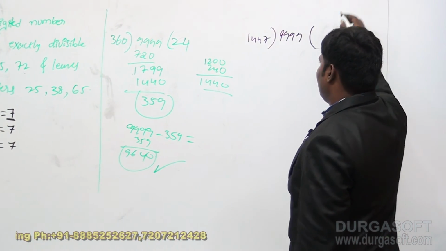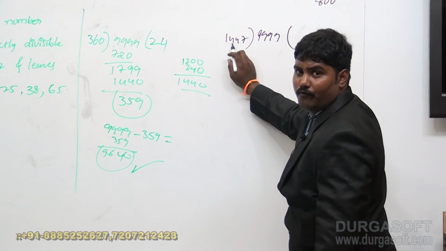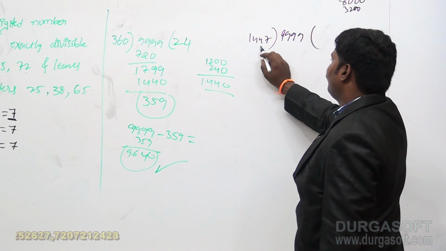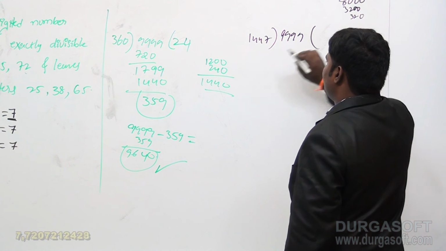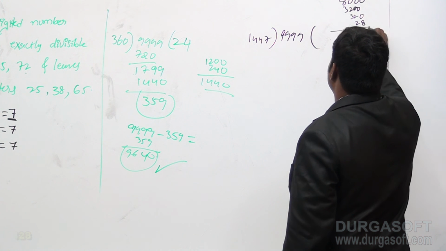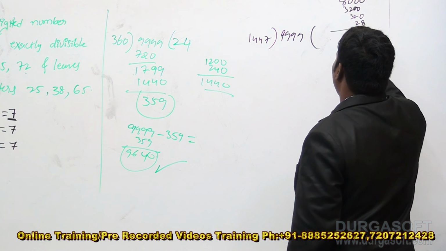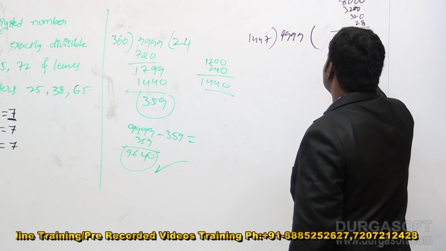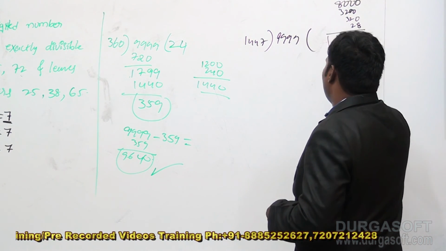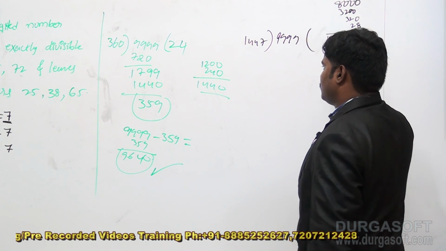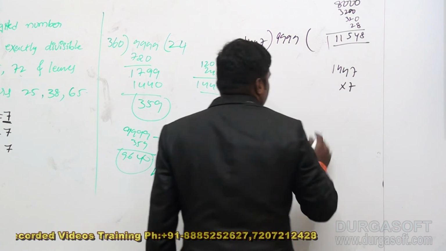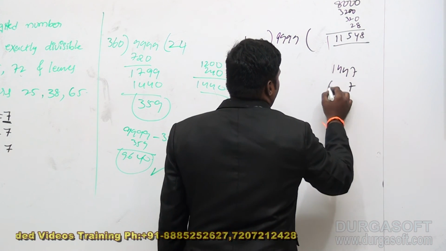If it is 8 times, 8000, and 4 into 8 is 32, a hundreds portion, and 4 into 8 is 32, a tens portion, and 4 into 7 is 28, then 8, 4, 5 and here it is 11. It takes more than 4 digits, so you should prefer 7 times, 1447 into 7. By the multiplication you can get the answer easily.